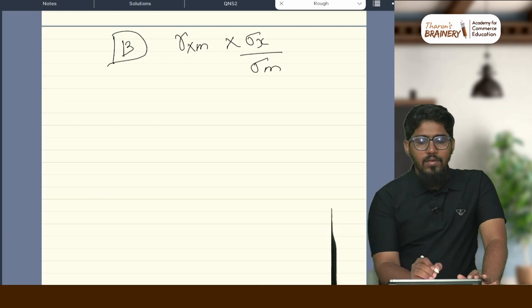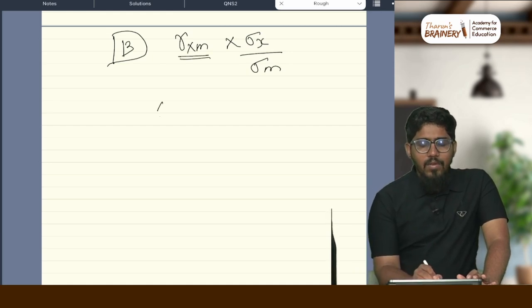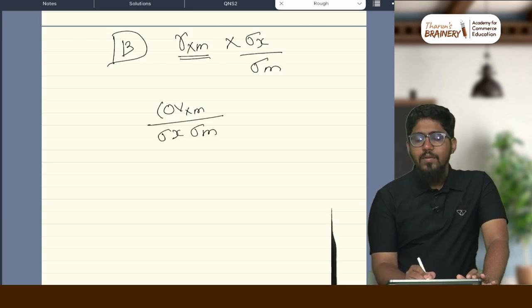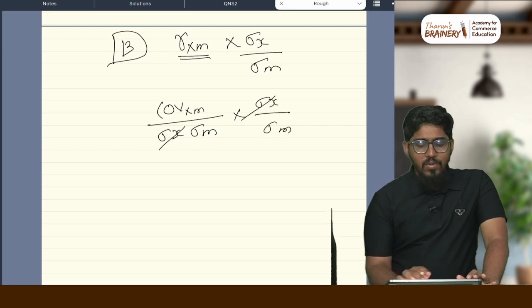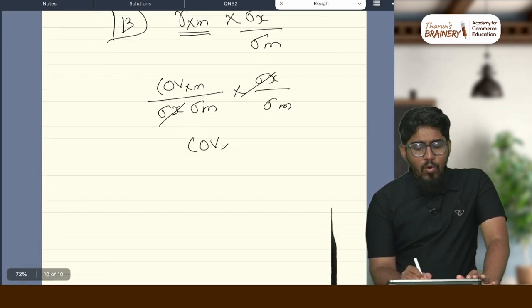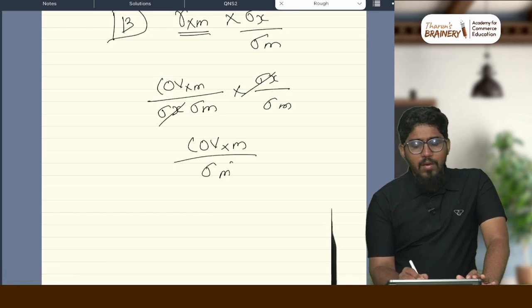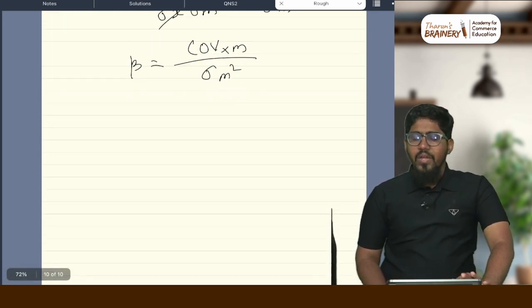Sir, what is R of xm? Covariance of xm divided by standard deviation of x into standard deviation of market. The standard deviation of x cancels, so it is covariance of xm divided by market variance. This is the formula for beta.